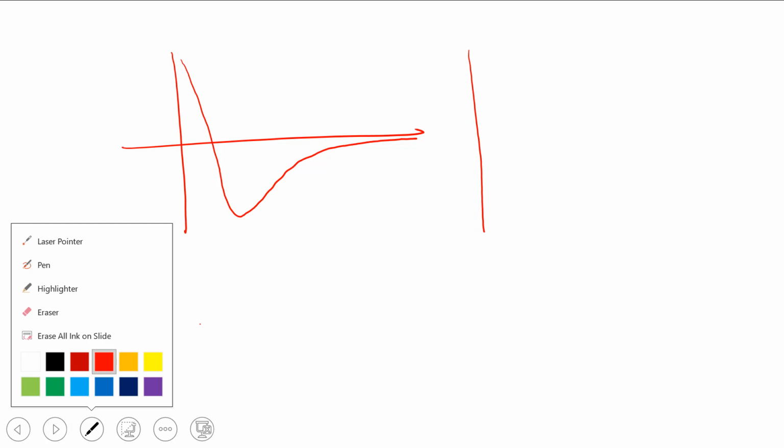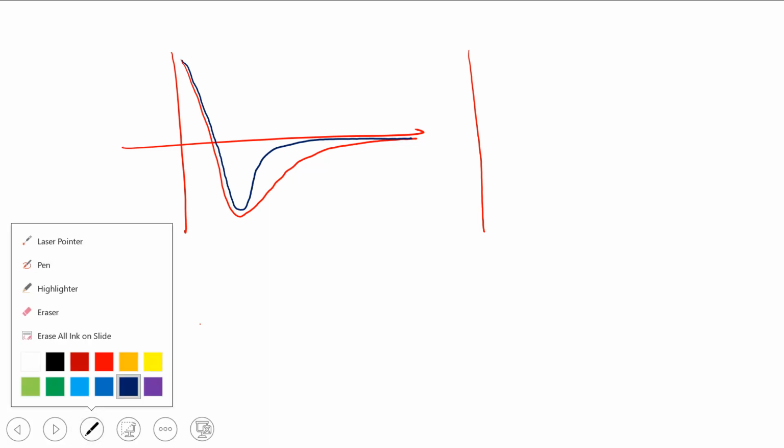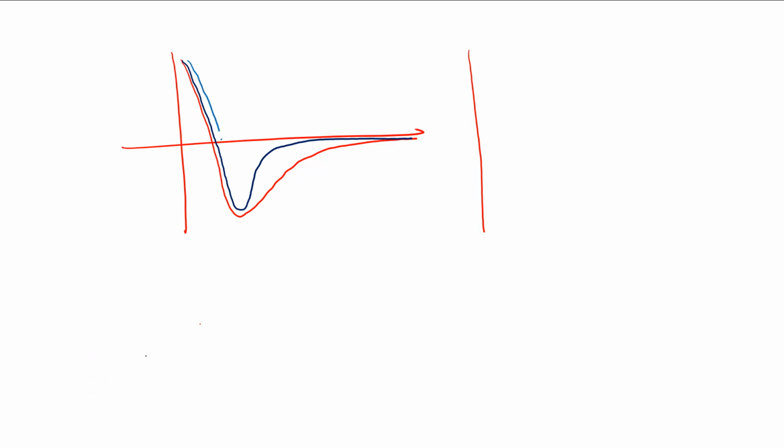So we can understand from here that suppose you have two curves, one is like this, and the second one I will draw over there only. Second one can be like this. Third one can be like this, right?